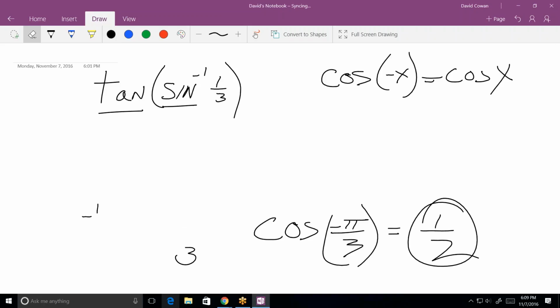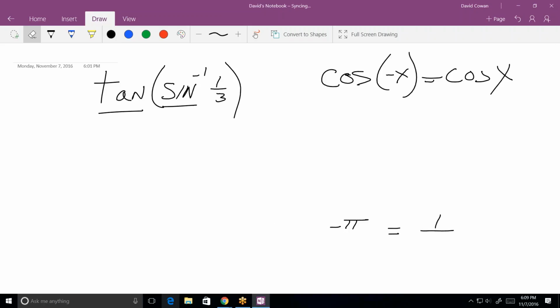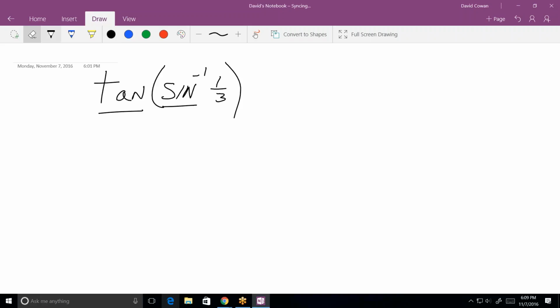It'll probably be obvious once you show me an example, but what's the one? Cosine, parentheses, inverse sine, negative square root of 3 over 2.